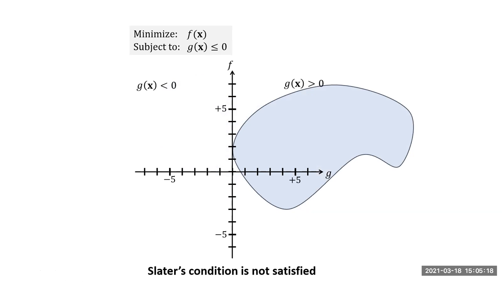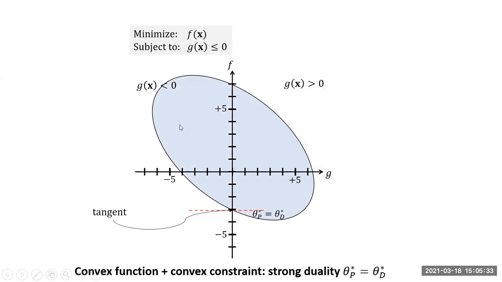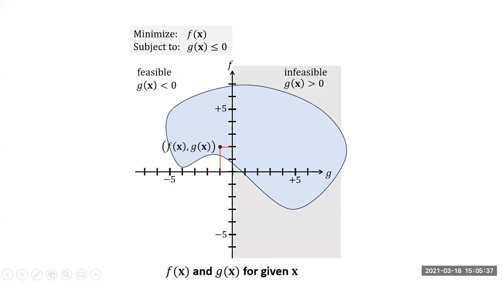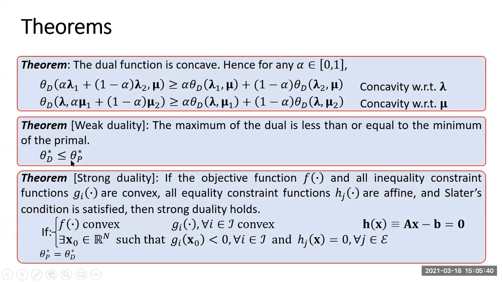Here, Slater's condition is not satisfied because there is no strictly feasible region. The entire blue shaded region, nothing crosses over to the left-hand side. So Slater's condition is not satisfied. You must have an x naught. If you remember Slater's condition, there exists an x naught such that g of x naught is strictly less than 0.